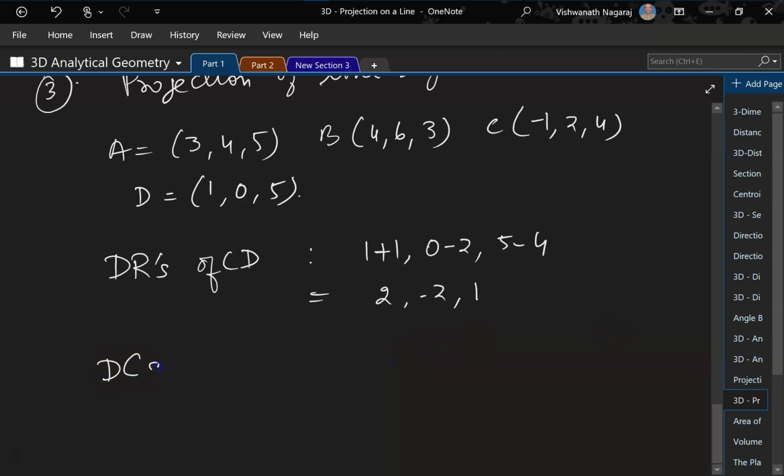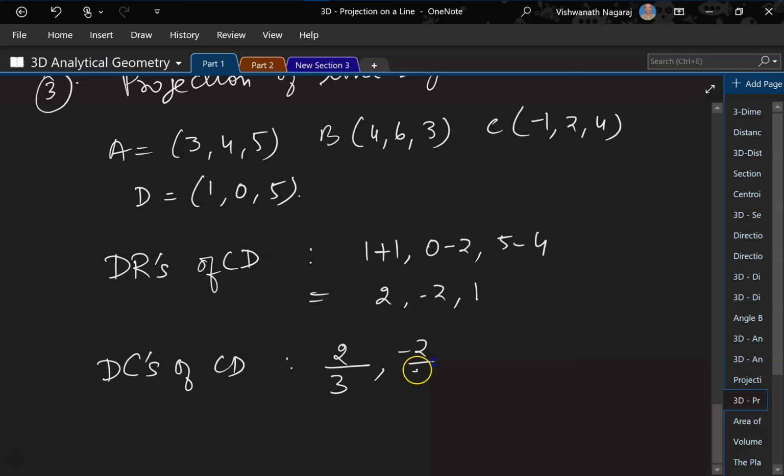Now, direction cosines of CD. This would be 2 divided by the magnitude of CD, that is square root of 2 square plus 2 square plus 1, that is 9. Square root of 9, which we can write as 3.